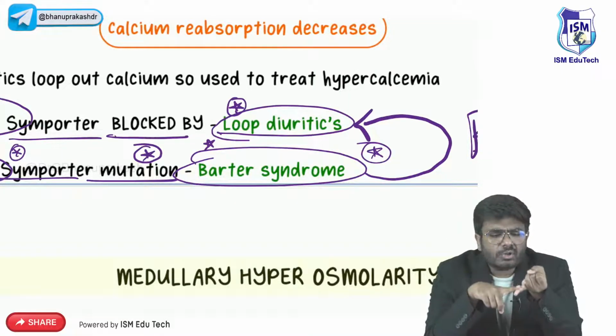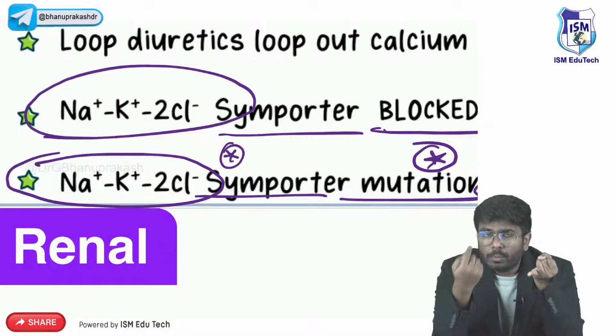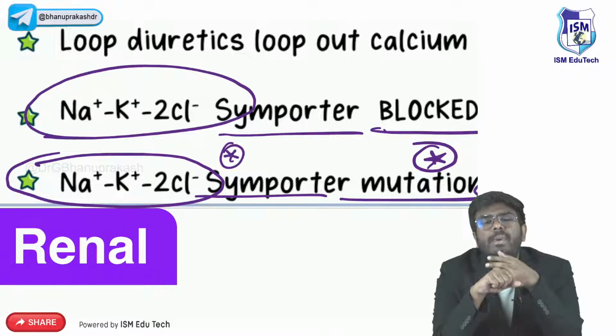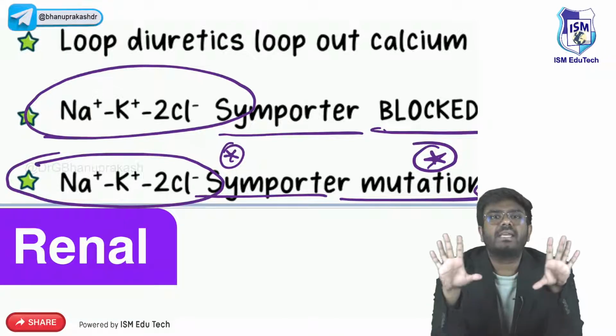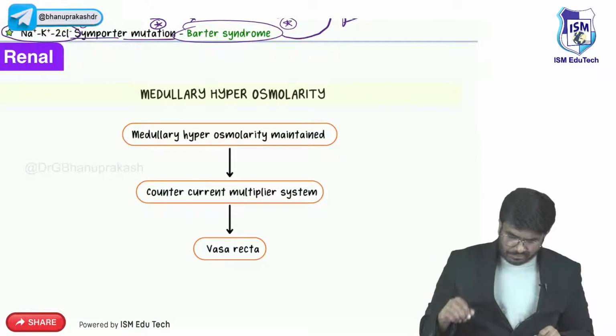Why? Because in Barter syndrome, the sodium potassium 2 chloride importer is defective, and loop diuretics block the sodium potassium 2 chloride importer. So the clinical features are going to be the same. These are the points I wanted to cover.